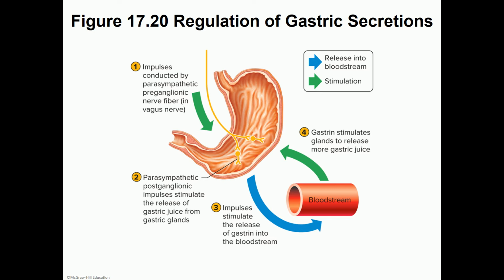So especially if somebody's eating a high protein diet or a diet full of fat, that will stimulate the gastric cells to produce this hormone known as gastrin. Gastrin is a hormone. Okay, so just like any other hormone, it'll get to the bloodstream. Through the bloodstream, it'll go back to the stomach and stimulate the production of more gastric juice. Okay, so again, this is a positive feedback performed by the stomach that as long as there is distension and protein and fat in the diet, we are going to keep on making more and more gastric juice.